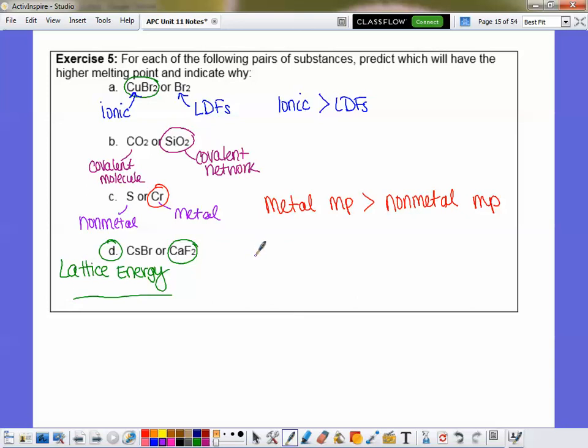So remember, lattice energy is QQ over R. It's Coulomb's law, which I went over in unit 10. There's a proportionality constant, but as I talked about in the unit 10 material, it doesn't matter here, so it reduces down to QQ over R. Make sure you rewatch those videos to refresh your memory.